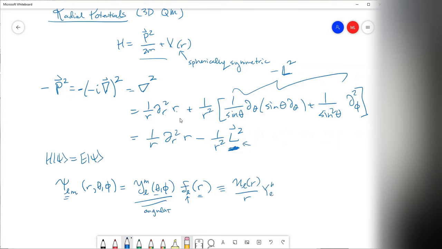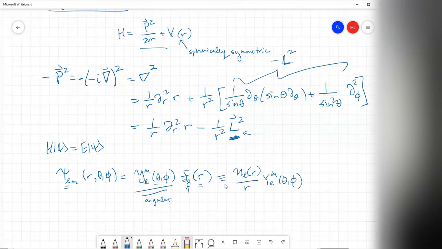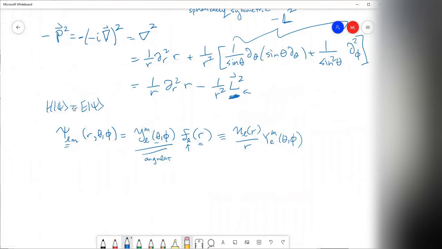And these are the YLMs. And this is the general solution to any spherically symmetric potential. And now you can substitute it in and see what the differential equation is. You can substitute it into here.